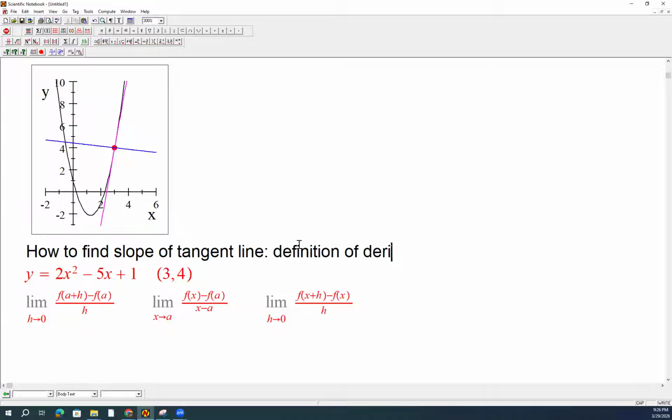Of course, for the definition of the derivative, we have all three different forms. We did not use the form in the middle. Since someone asked, I will explain it to you.